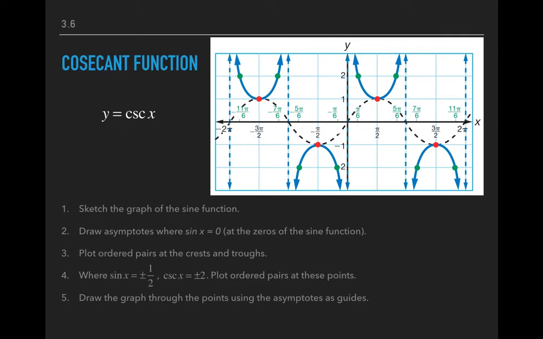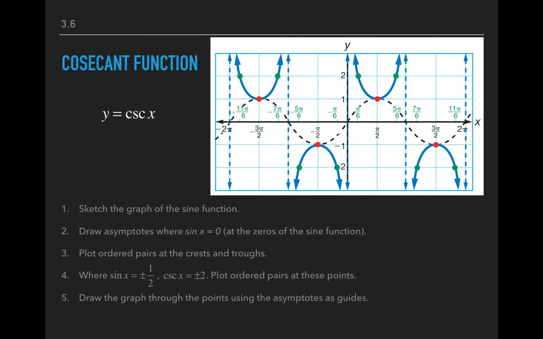Let's think about this very carefully. Sine and cosecant are reciprocals. So it would make sense to say that wherever sine is 1/2, cosecant is 2, because that's just the reciprocal of 1/2.